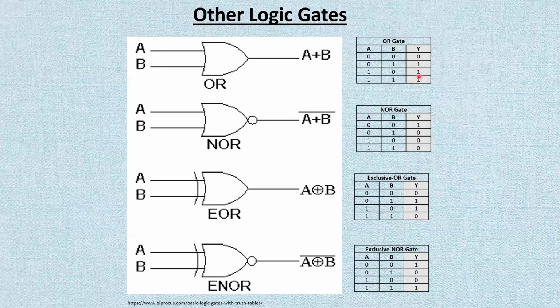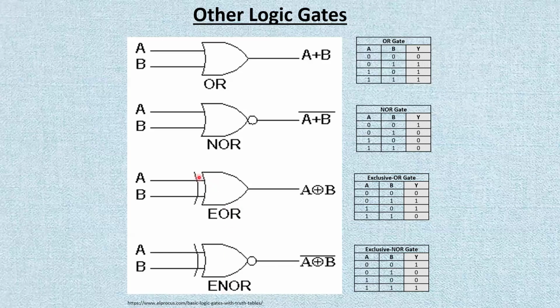So you see these two truth tables are just the opposite of each other. Wherever there's 0, there's 1. Wherever there's 1, there's 0. A or B.